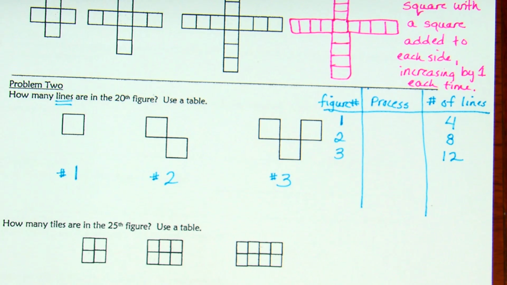Okay, so let me be a little more vague here. What if I say, and homework will do this for you, how many lines are in the nth figure? That is the letter n, as in the variable n. So how do we figure out how many lines are in the nth figure?